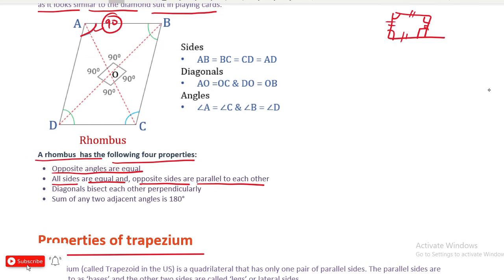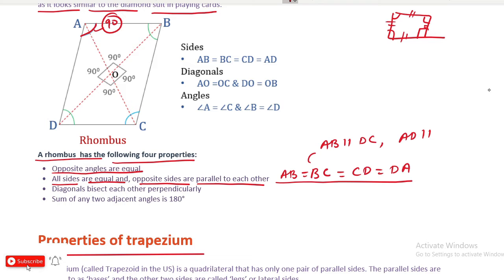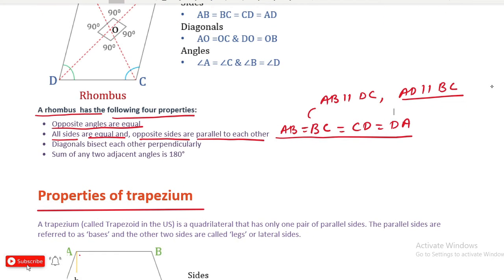That means AB is equal to BC and this is equal to CD and this is equal to DA. Okay. And opposite sides are parallel to each other, means AB will be parallel to DC and AD parallel to BC.